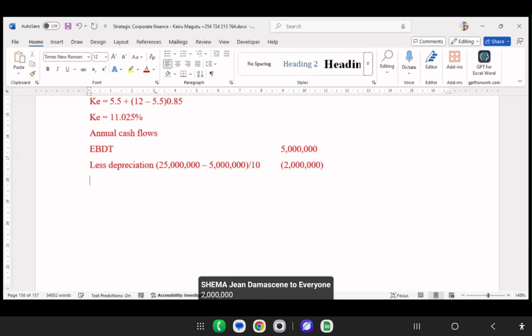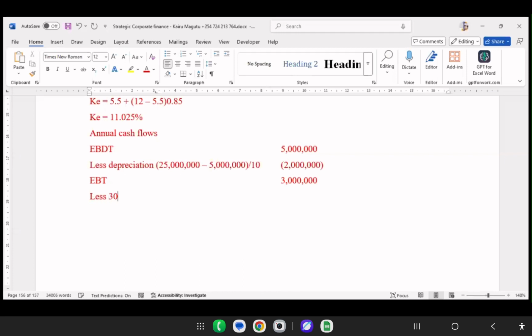This is the earnings before taxation. The earnings before taxation is 3 million less tax. The tax rate is given as 30%. This should be equal to, I think, 900.